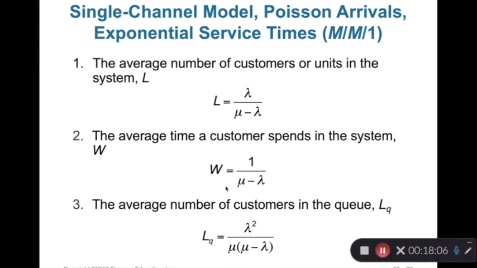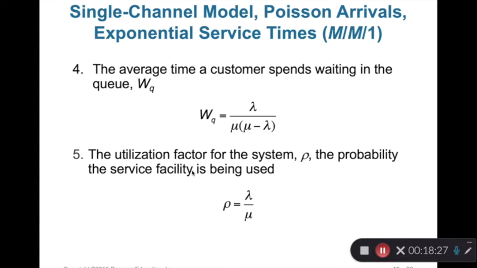So they are different, right? When you try to use these formulas, you should know the differences among them. Number three, the average number of customers in the queue, Lq equals lambda squared divided by mu times (mu minus lambda). Okay?